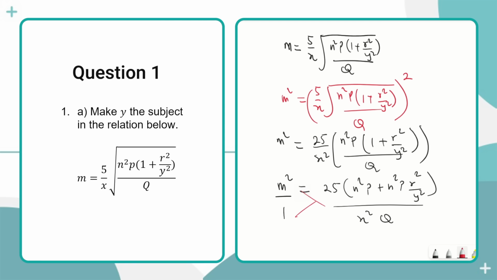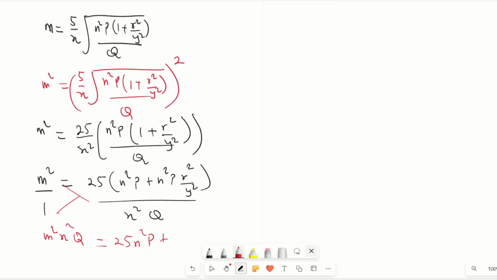So we would have m squared x squared q equal to 25 n squared p plus 25 n squared p r squared all over y squared.